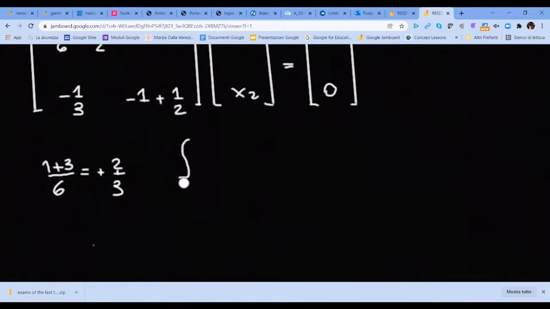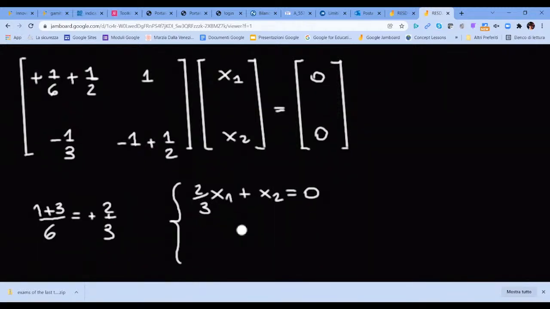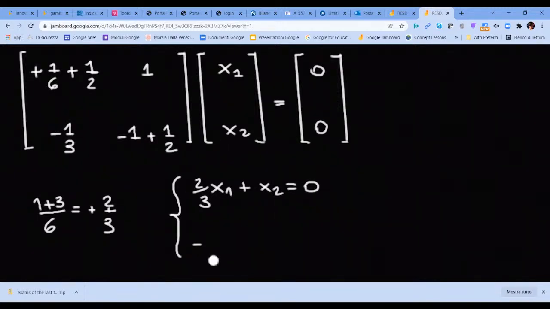So the two equations are 2/3 x1 plus 1 times x2 equals 0, and minus 1/3 x1 minus 1/2 x2 equals 0.